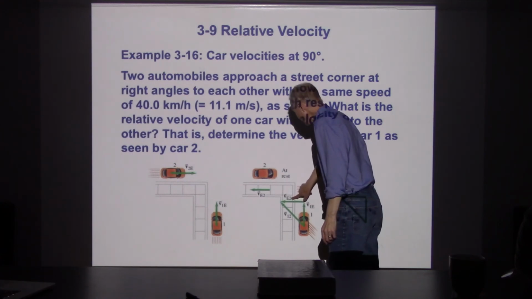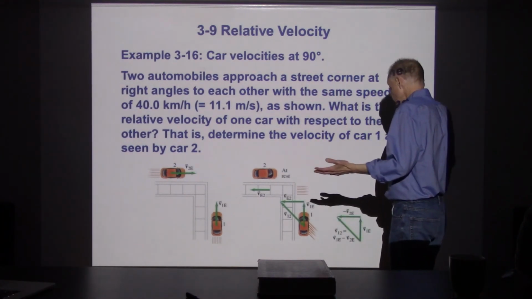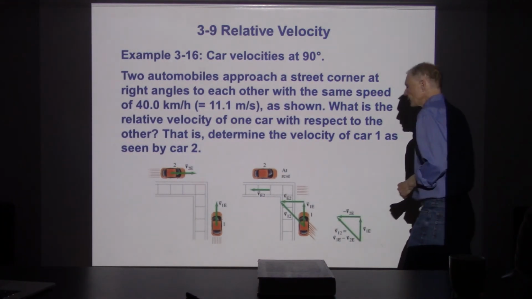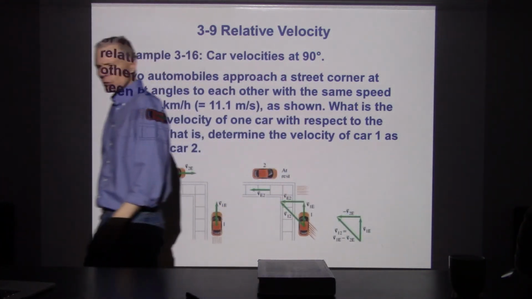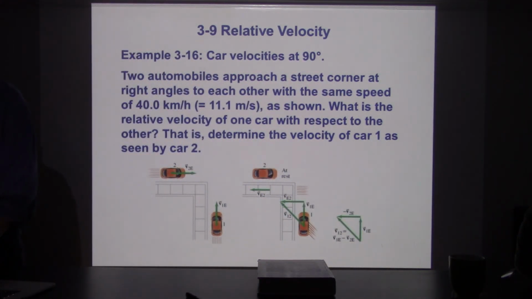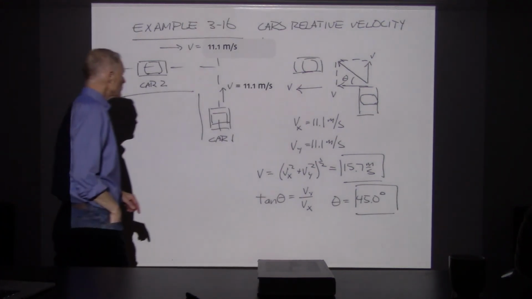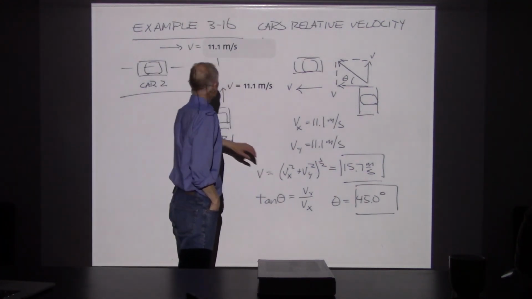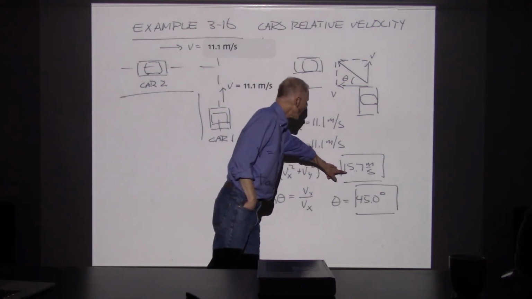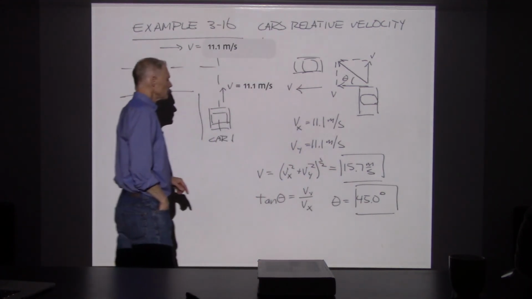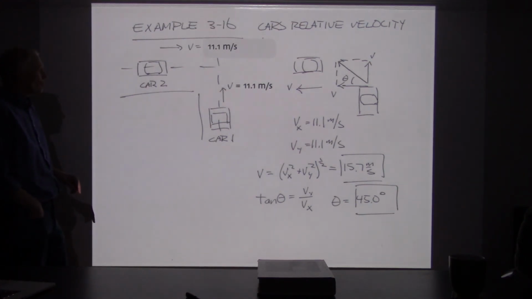And by adding those 11.1 meters per second, we should be able to get the relative speed. Now, the angle here is at 45 degrees. We can see that from the two velocities. When we square these two, we end up with 15.7 meters per second at 45 degrees.